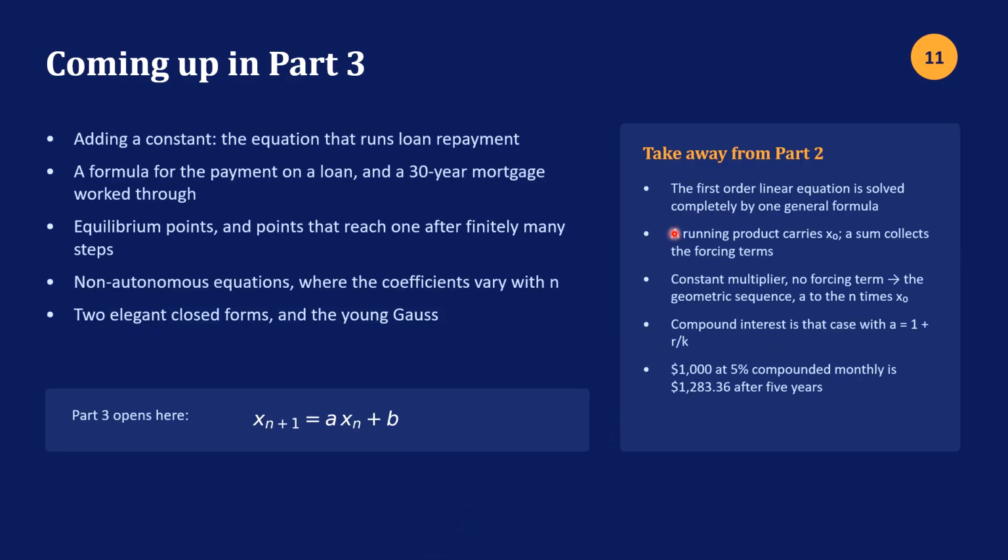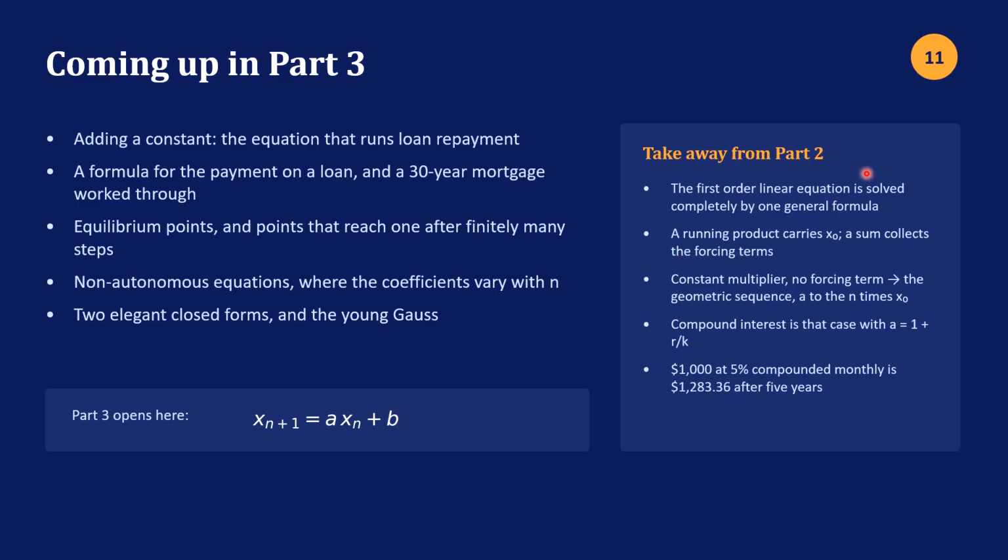So in summary, here on the right, the first order linear equation is solved completely. That was kind of an ugly formula, and I mentioned that normally you can boil it down to a closed form that's easier to work with. A running product carries x sub 0. The sum collects the forcing terms.